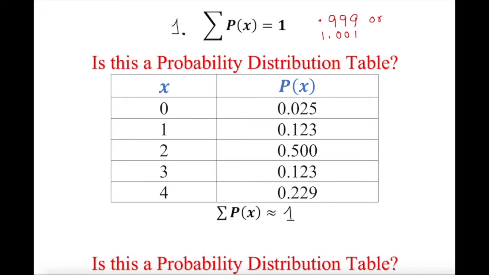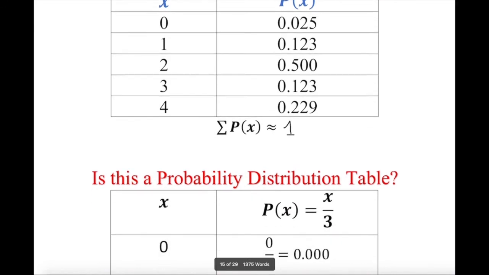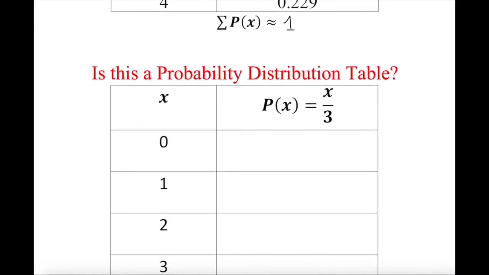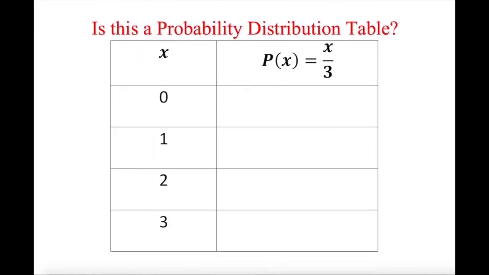Let's take a look at another one. Okay, is this a probability distribution table? So well, where is my probability distribution? There's something missing here. The discrete random variable is given, and also the probability of x is given as an expression, x over 3. So is there any way we can come up with it? When x is equal to 0, what should be here?